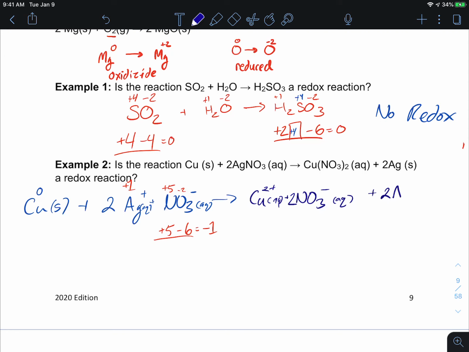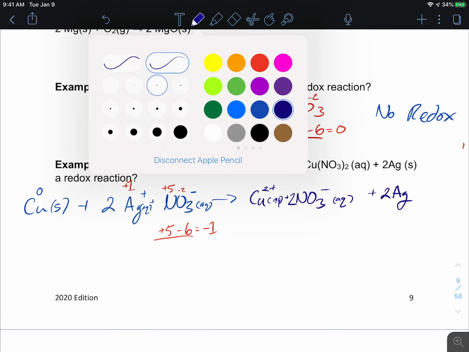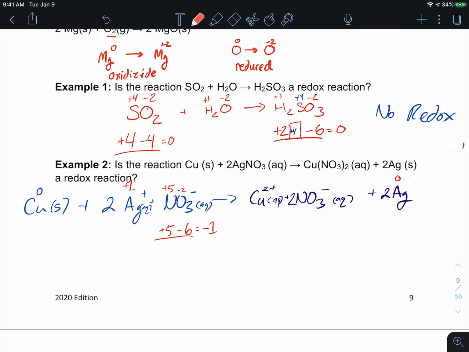And then we have 2 silvers. The silver now is going to be 0 because it's a metal. And the copper now has a +2 oxidation state. Notice how I moved the symbol to the other side because we're indicating oxidation states. And then these are the same nitrates we saw before, so we don't have to do the work again. We can just say +5, -2.